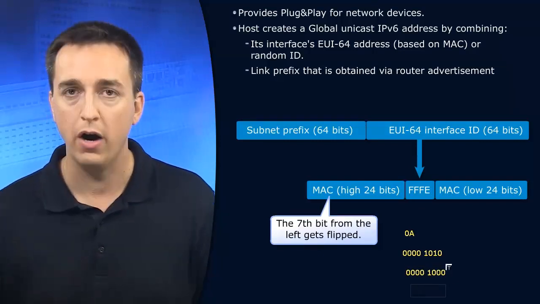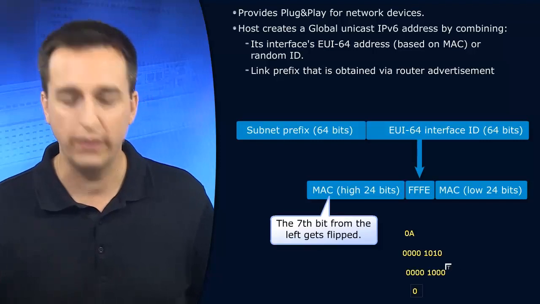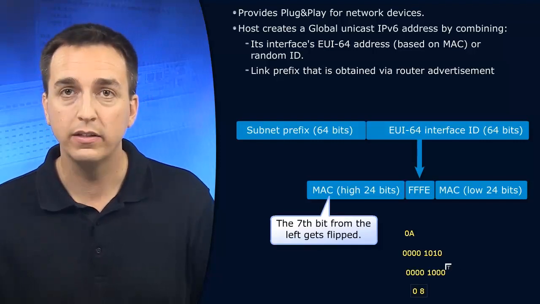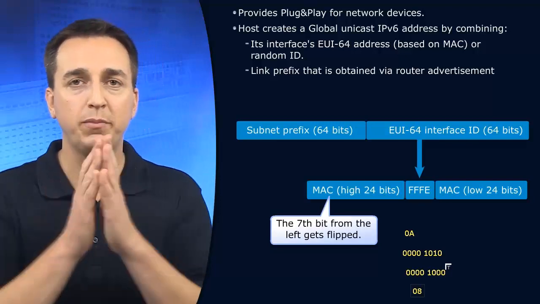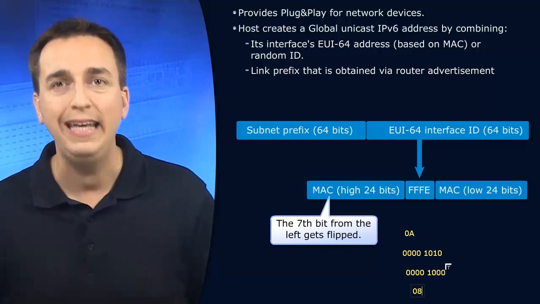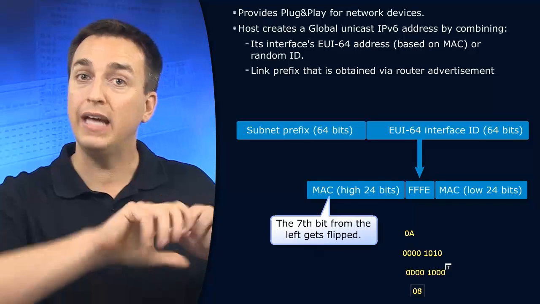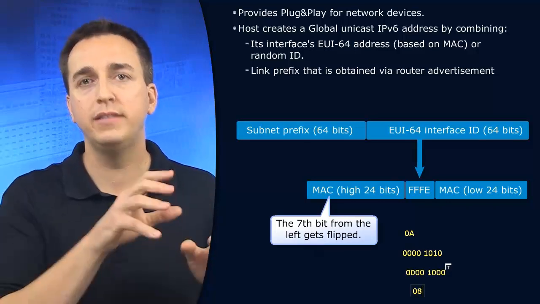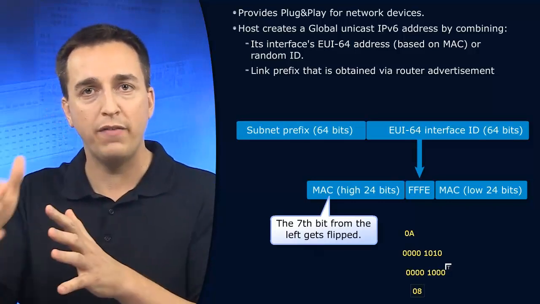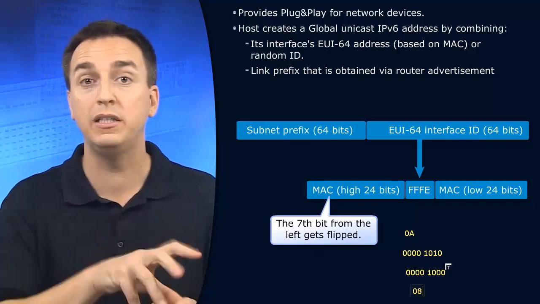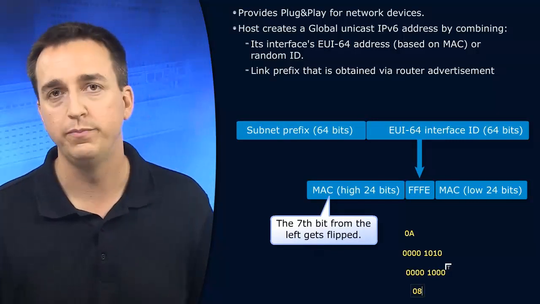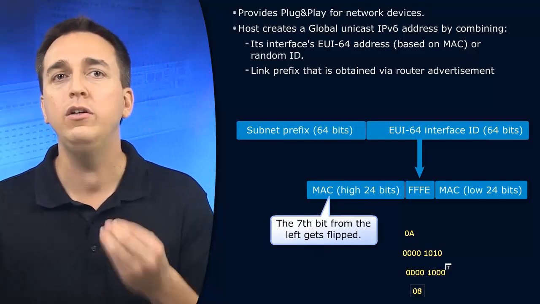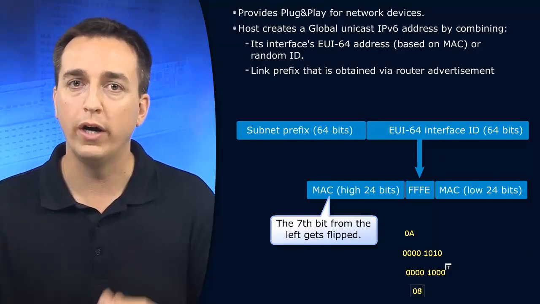We have 0, and then what's the next value? It's just 8. So the MAC address has been broken in half, we put FFFE, and then the 7th bit from the left gets flipped. So instead of it being 0A followed by whatever, then FFFE followed by whatever, it's now 08 followed by whatever, FFFE followed by whatever. So that's how EUI-64 works.